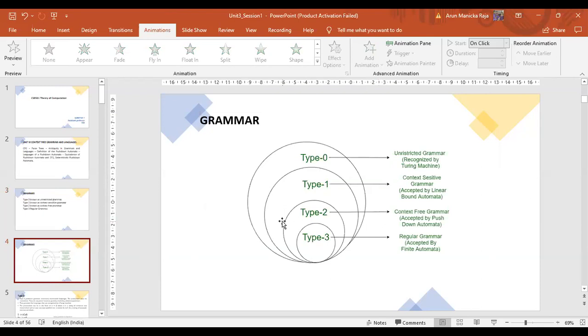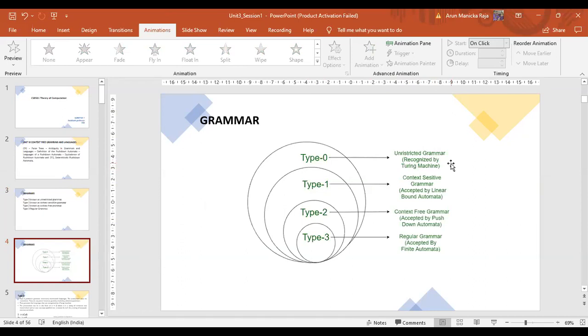This is the hierarchy. Type 0 is unrestricted, no restriction, and it can be implemented by a Turing machine. We will see the Turing machine in the 4th unit. Why are we studying push down automata and Turing machine in TOC?